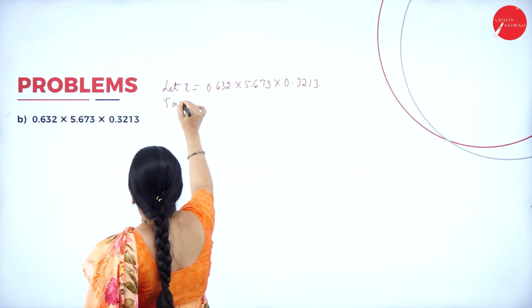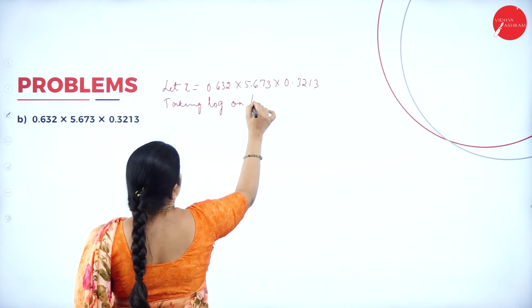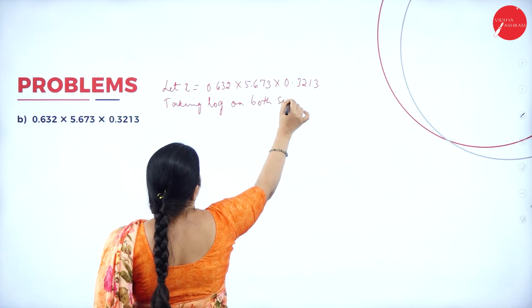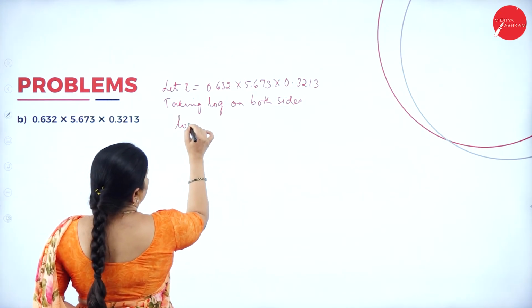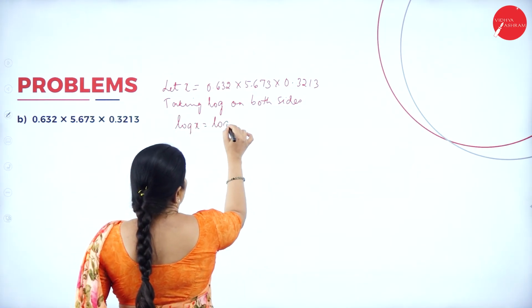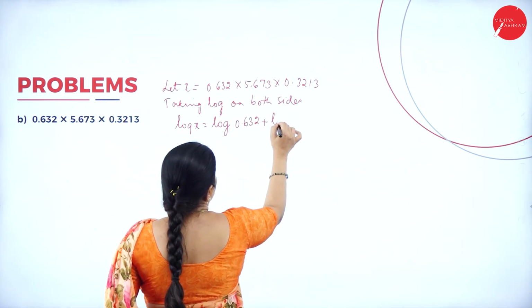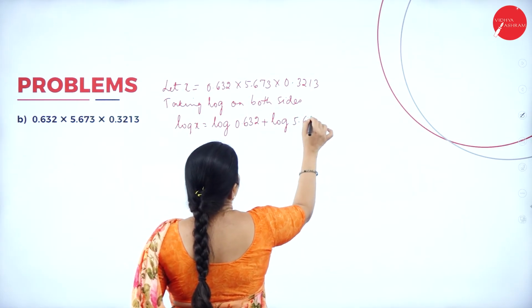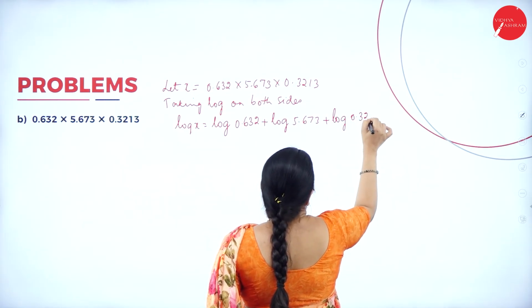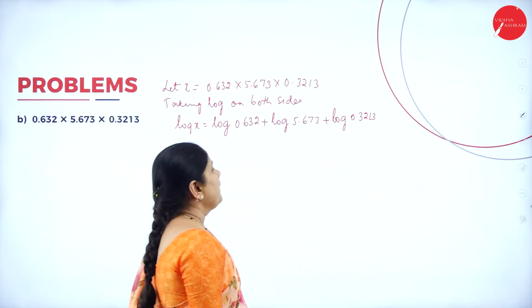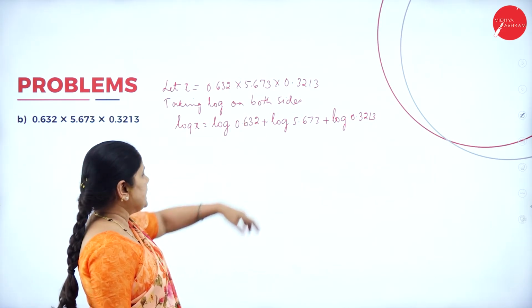Now taking log on both sides, I will get log x equals log of 0.632 plus log of 5.673 plus log of 0.3213.